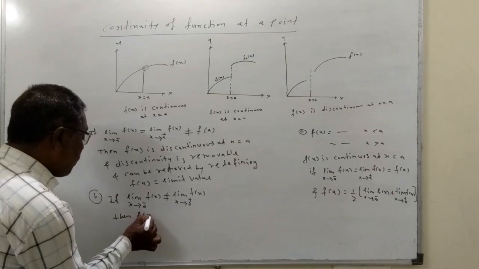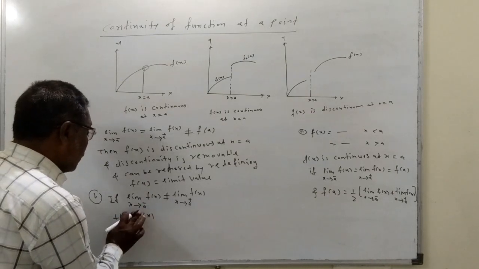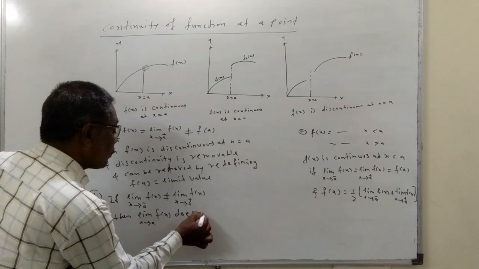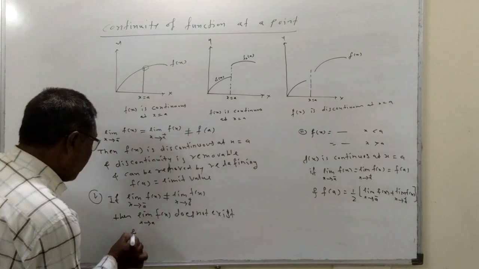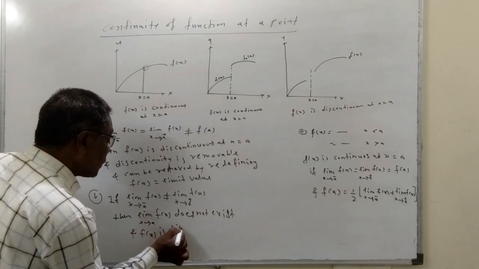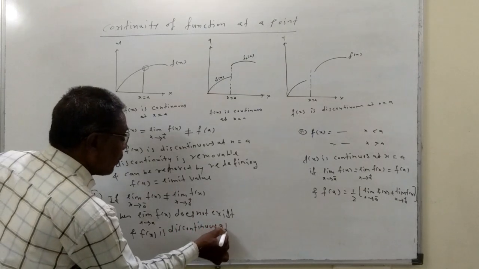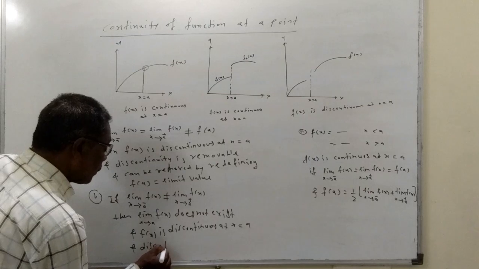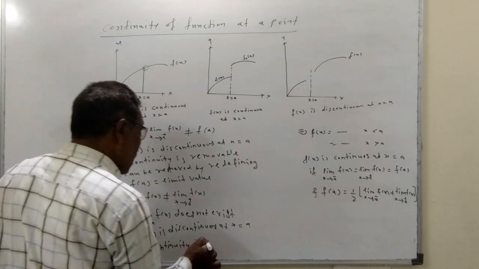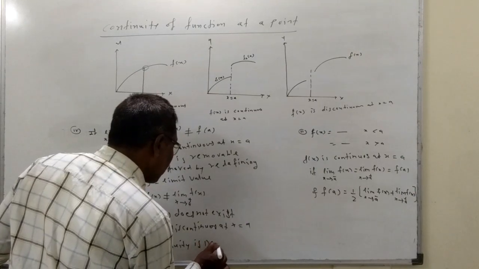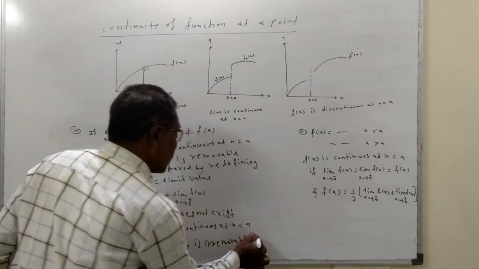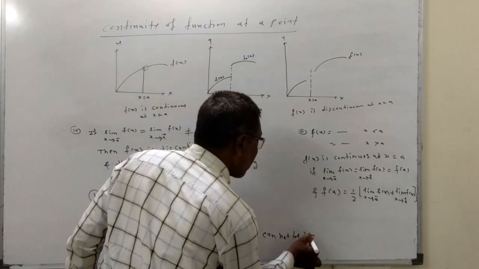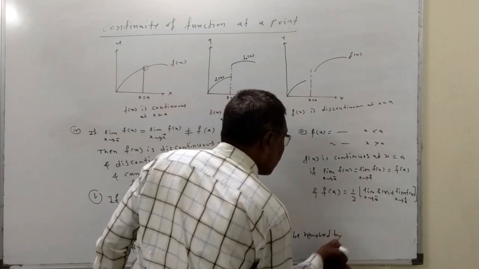Then limit x tends to a f of x does not exist, and f of x is discontinuous at x is equal to a, and the discontinuity is irremovable and cannot be removed by any way.